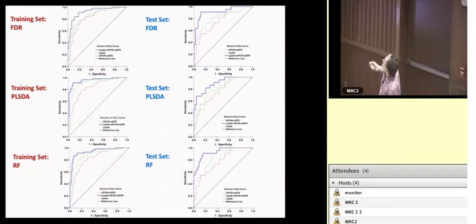And when we add the lipid panel to the baseline variables, it shows a significantly increased level of area under the curve, meaning that C statistic has improved, and that's above and beyond what you got from the baseline model.